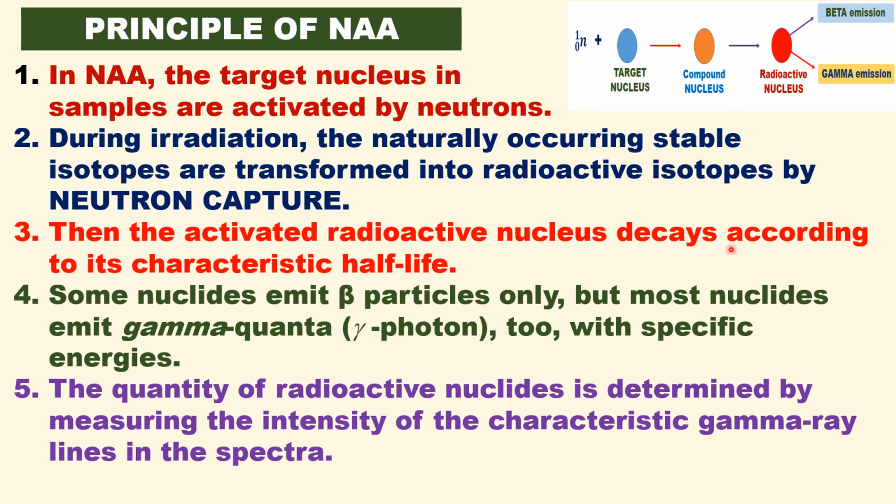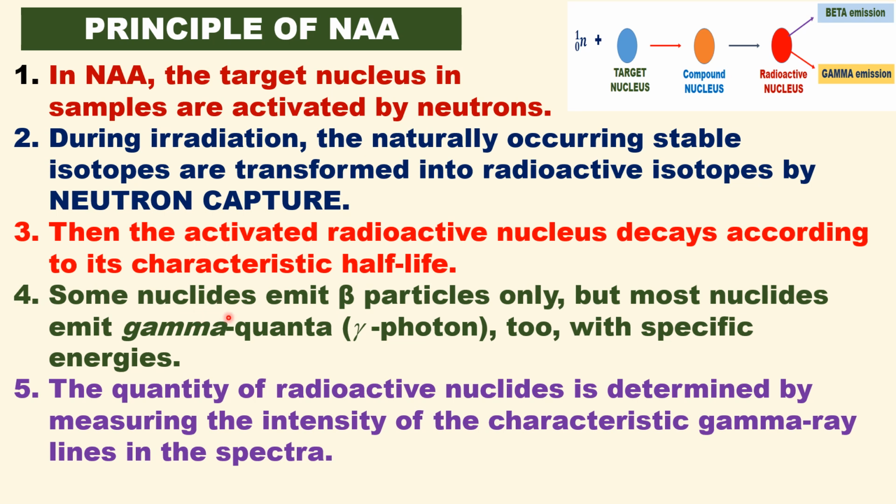Then the radioactive nucleus decays according to its characteristic half-life period. If it has a small half-life period, then it will disintegrate very fast. If there are nuclei with a large half-life, then it will take 2 days, etc.